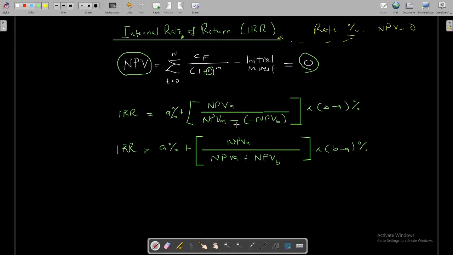When two negatives meet, it gives a positive, so in some books they will write the formula this way, in some books that way. They are the same.